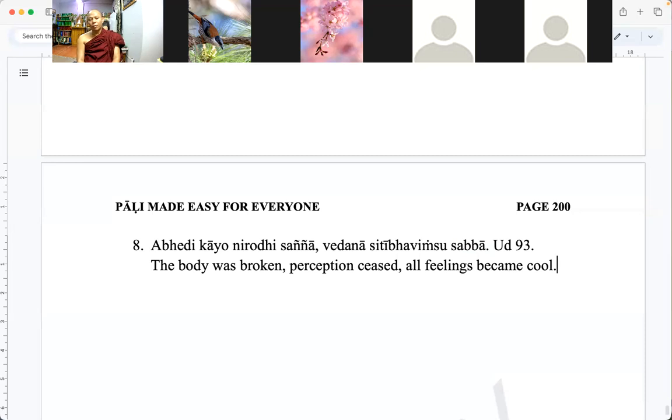And then Vedana sitibhavainsu sabba. Okay, sabba Vedana is the subject. Sitibhavainsu is also a denominative or compound verb. So all feelings became cool. Okay. And then now one line, we can finish.